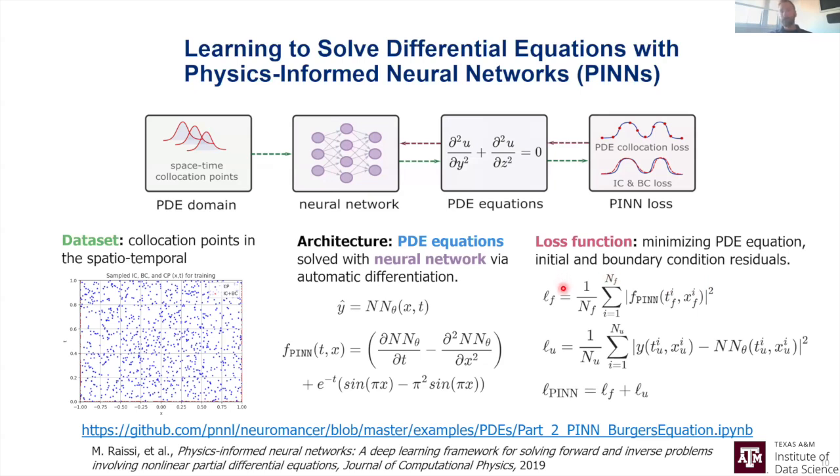Additionally, you can add constraints like boundary conditions, which are typically supervised signals, where you are trying to minimize the residual of your neural network solution from some supervisory signal. So this is a standard loss function in deep learning. And then you basically add them together, maybe with some weighting terms.